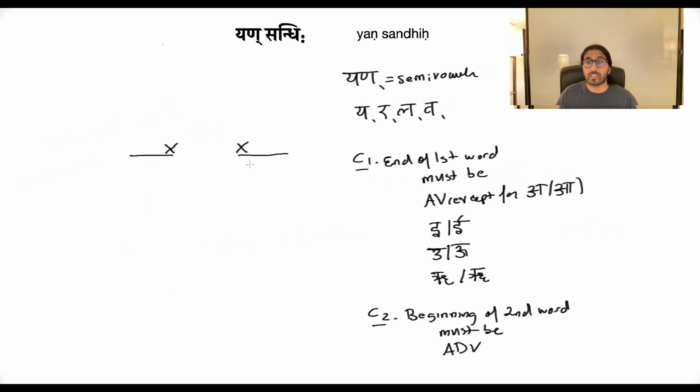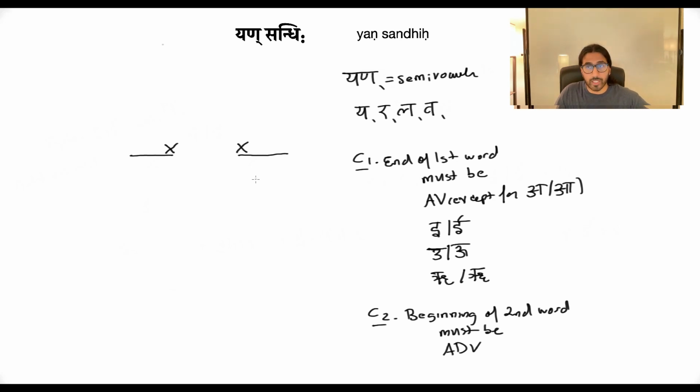Because then it will be savarna dirgha sandhi, and they will combine together. The previous sandhi that we learned. Whenever you have an i or ii, followed by i or ii, it'll become long ii. That's why you need to have a dissimilar vowel here. So if this is an i or ii, and then this one is an a, u, ru, then yan sandhi is activated and both conditions are fulfilled.